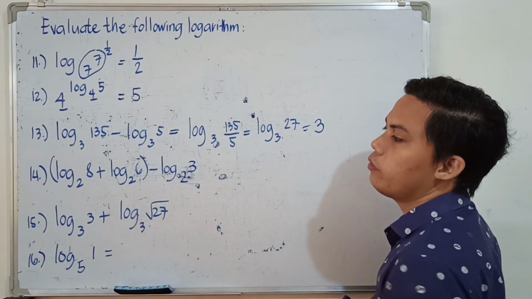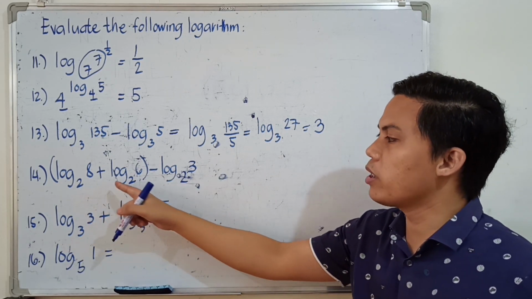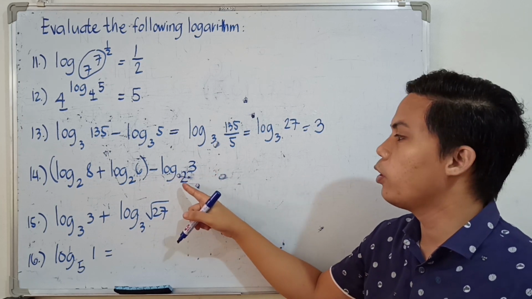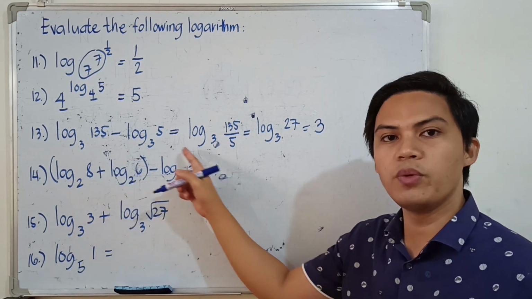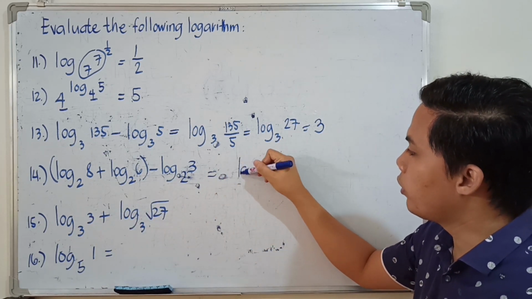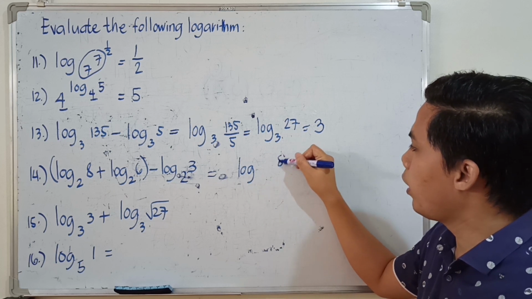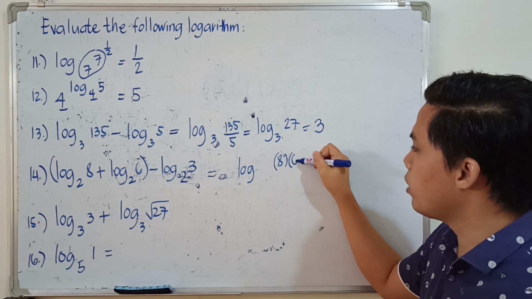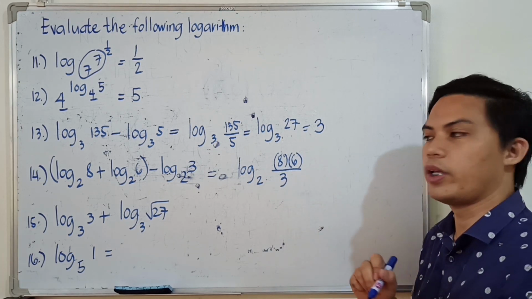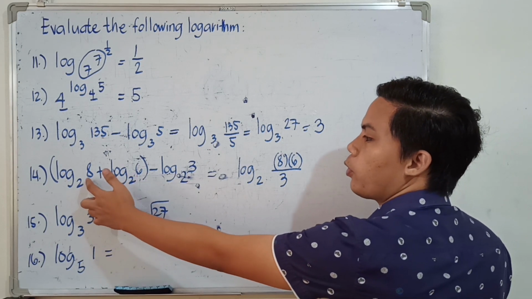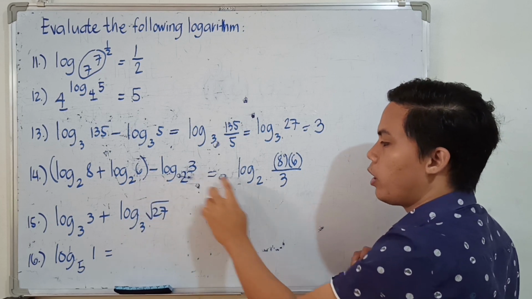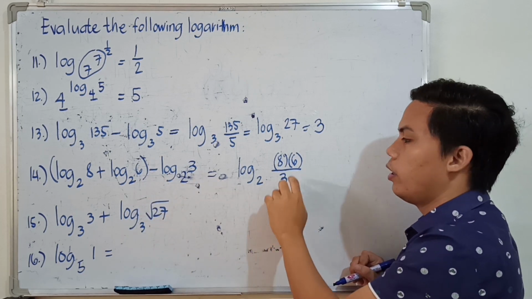Next, the quantity of the logarithm of 8 to the base 2 plus the logarithm of 6 to the base 2, quantity, minus the logarithm of 3 to the base 2. So, again, we can simplify this one. We can condense this one as a single logarithm. So, it will become the logarithm of 8 times 6 all over 3 to the base 2. Okay? So, since addition dito, therefore, we're going to multiply 8 and 6. And, since may subtraction dito, so 3 becomes the denominator of the expression.